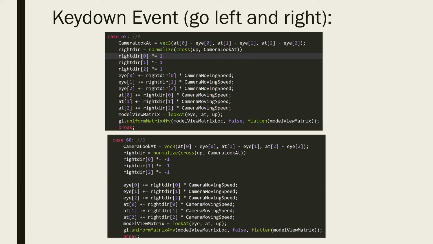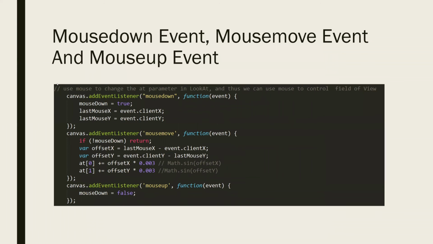And when we hit A, the position of the camera will move in the opposite direction of the right dir. We use mouse down, mouse move, and mouse up events to record the position of the mouse in different situations. Thereby, we can change the parameter X according to the different positions of the mouse in different situations.